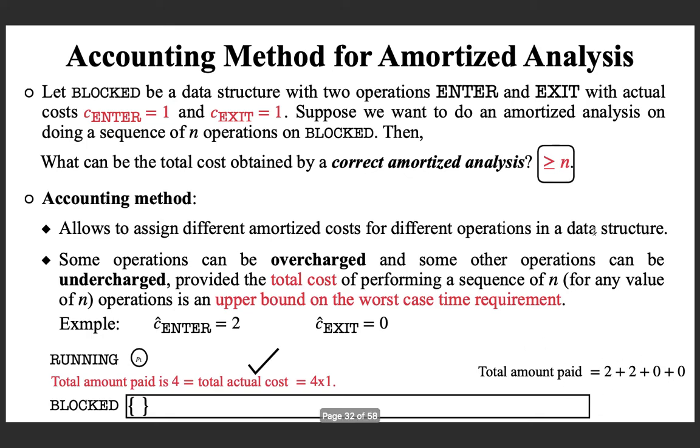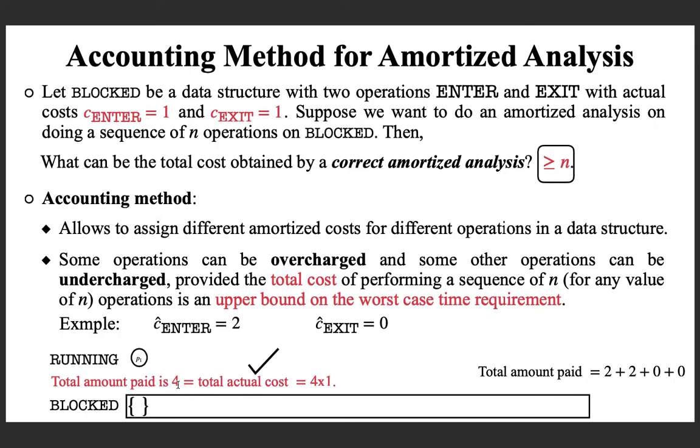So this is a correct analysis, because if you find an amortized cost, the total cost, which is greater than or equal to the actual value, then it is a correct analysis. In this particular case, the actual value is 4 and the amortized cost is again 4. So you are getting a correct analysis.